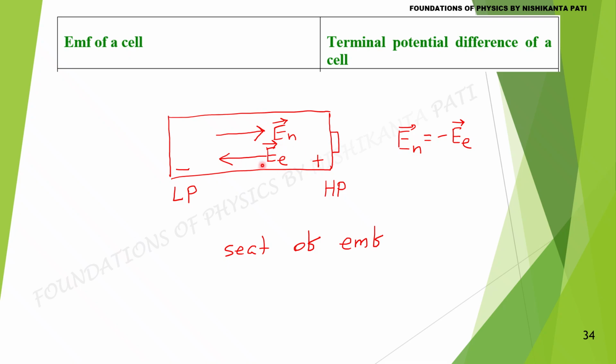If a positive charge moves this way, the work done by the electrostatic field divided by the charge is the terminal voltage of the cell.